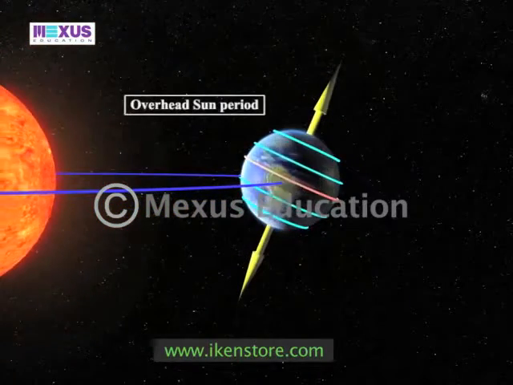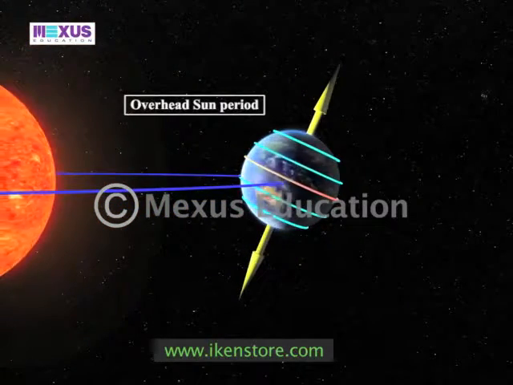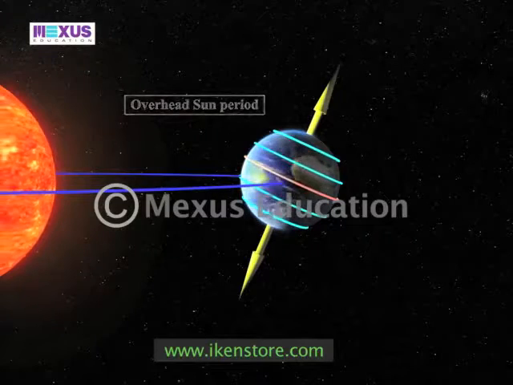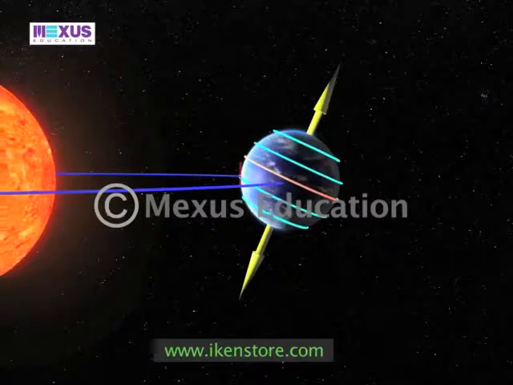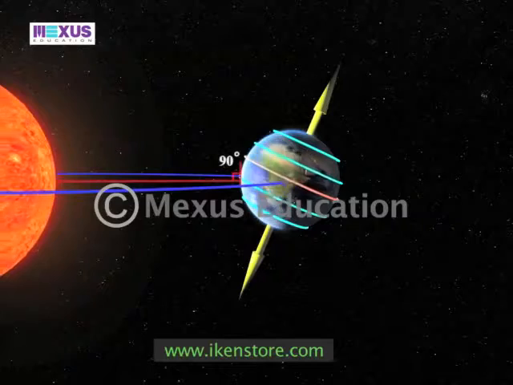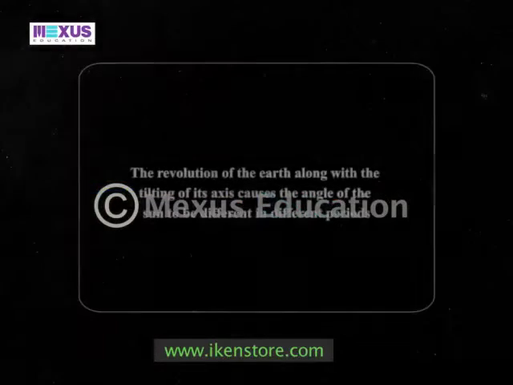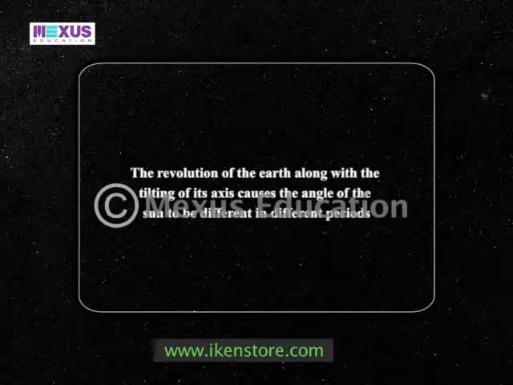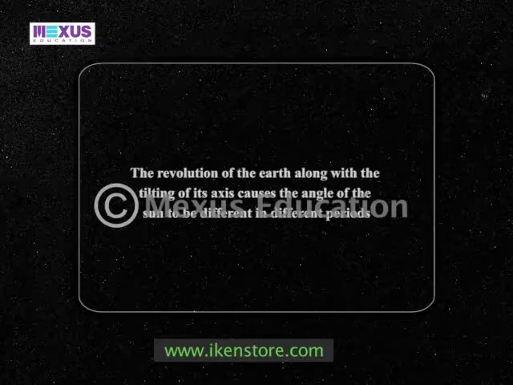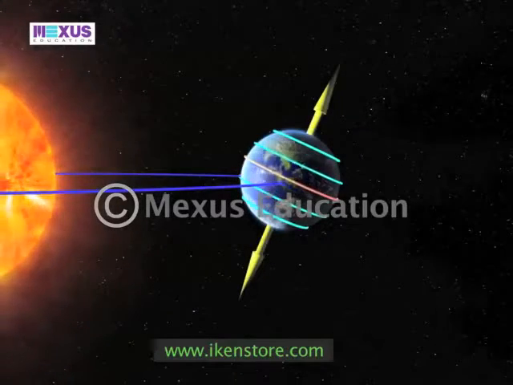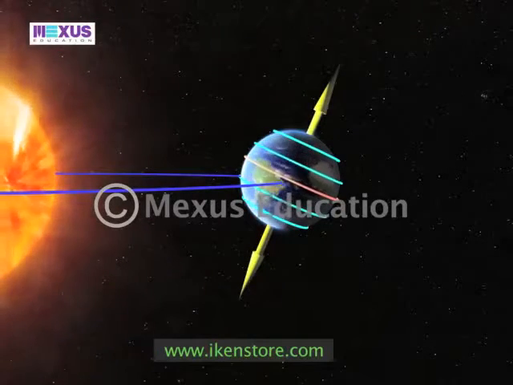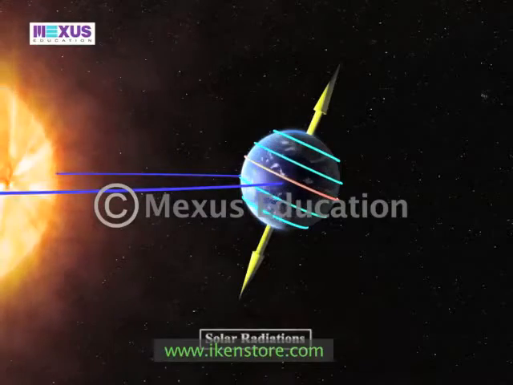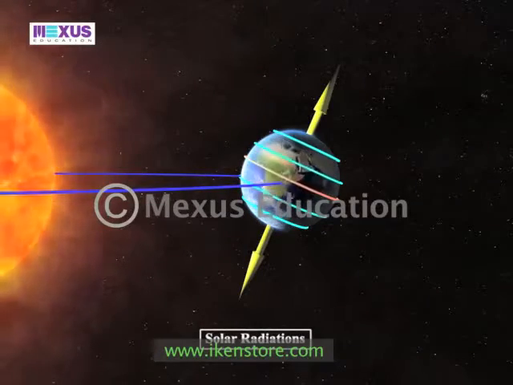During the overhead sun period, when the sun is directly overhead, the Earth's surface and the sun form a 90-degree angle. The variations in the angle of overhead sun cause variations in solar radiation received at different periods.